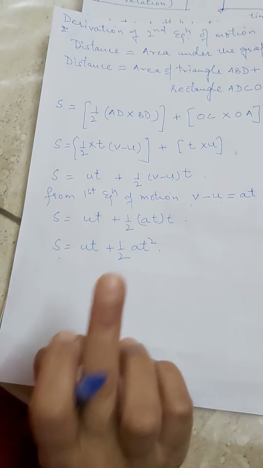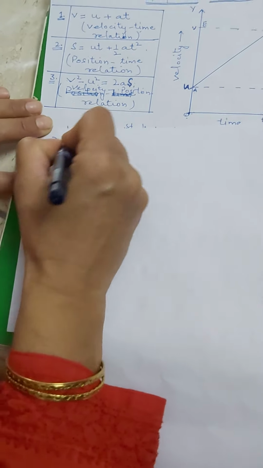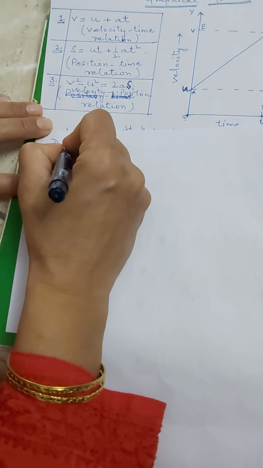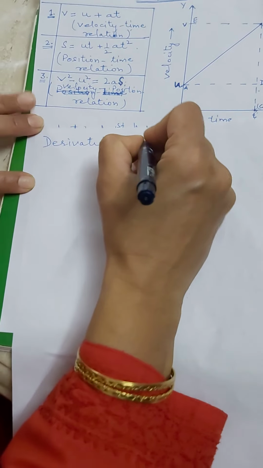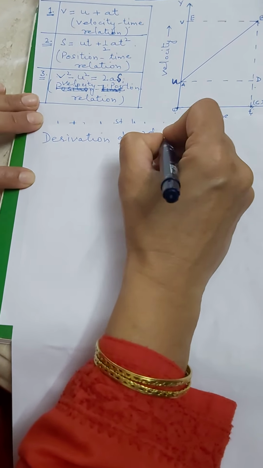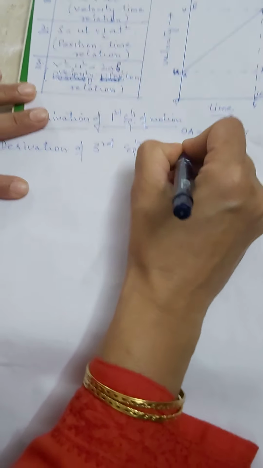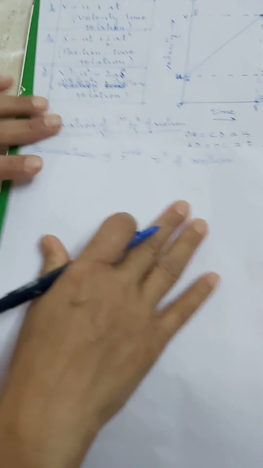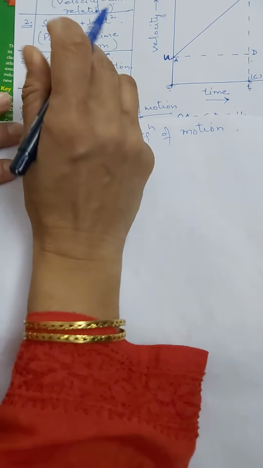Now we will derive the third equation of motion. The third equation of motion is v square minus u square is equal to 2as.